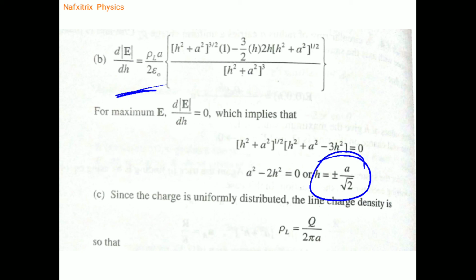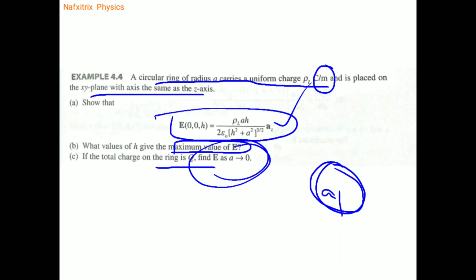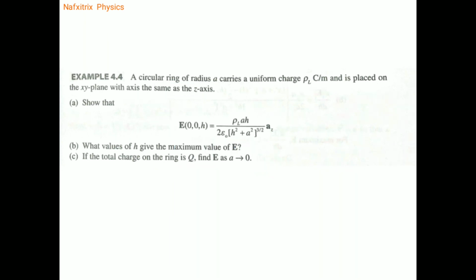And next, what they have asked us in the question is to prove that, if the total charge on the ring is Q, find E as a tends to 0.